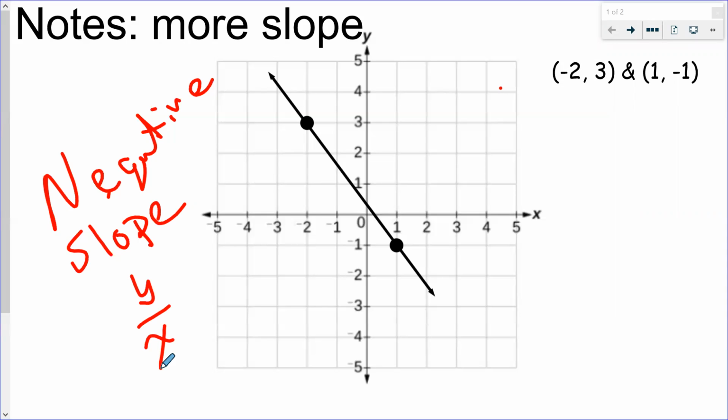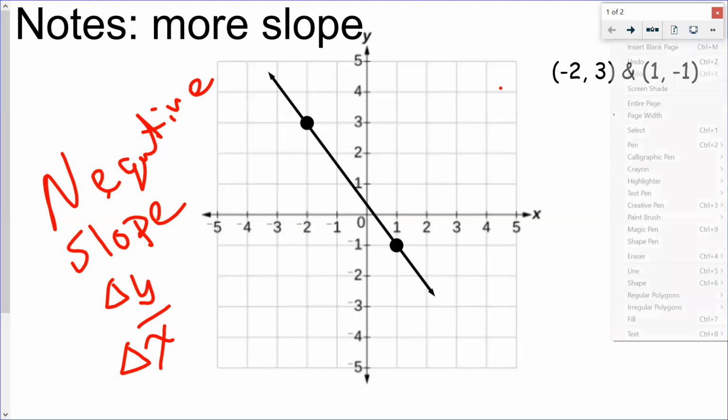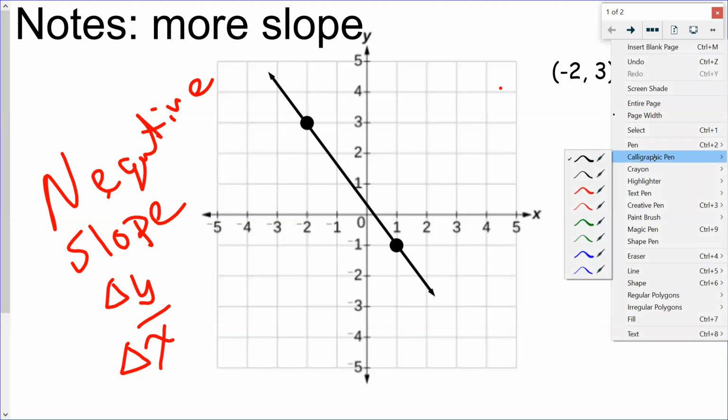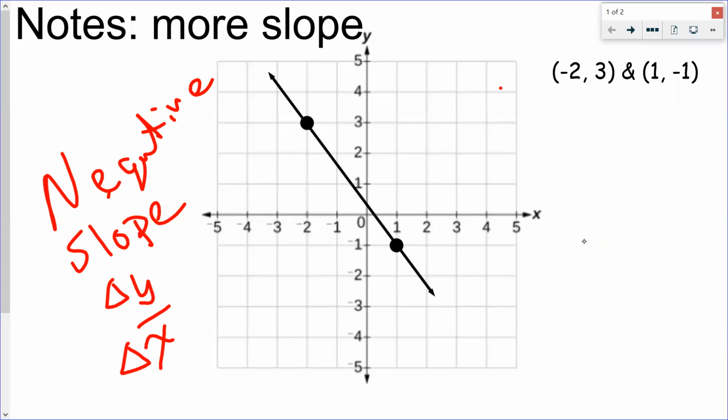And now you're hearing me say the words change. In mathematics, if you see a triangle next to a y and a triangle next to x, that means change in y over change in x. That's what that means. You'll see a worksheet with that. So to calculate slope, there's this wonderful formula, and I want you guys to make sure you have this entrenched into your brain.